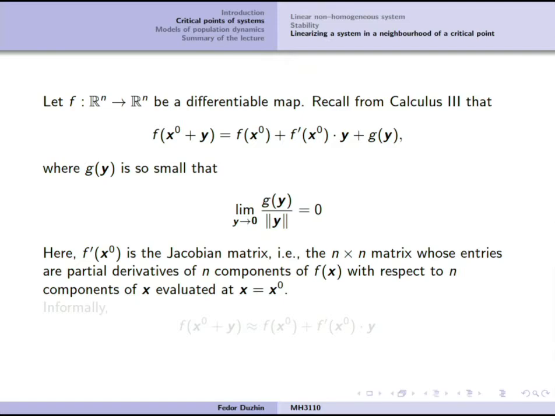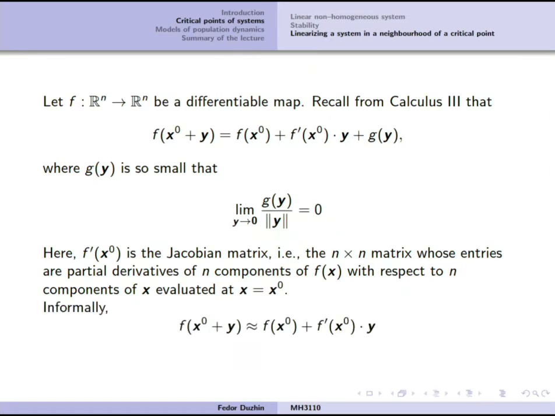And so if this map is differentiable, then we can calculate its Jacobian matrix, which is the matrix of first partial derivatives. And then the differentiability is this condition.